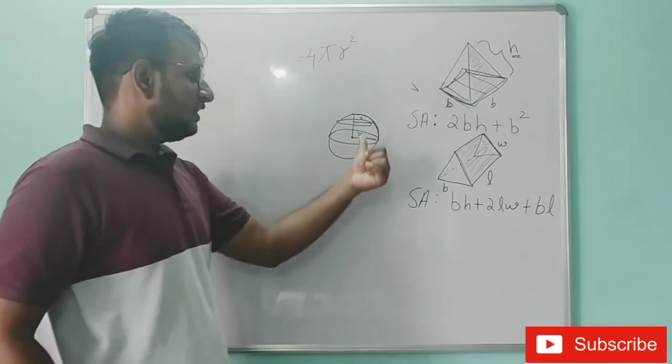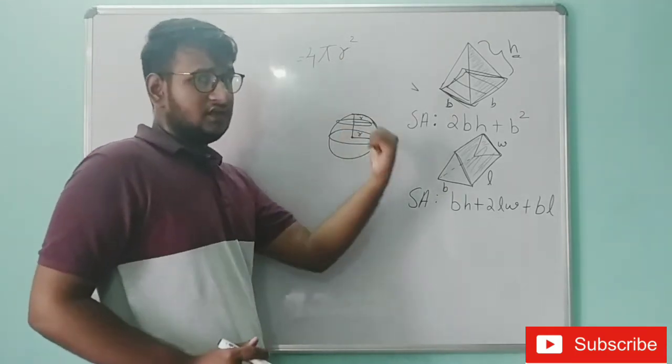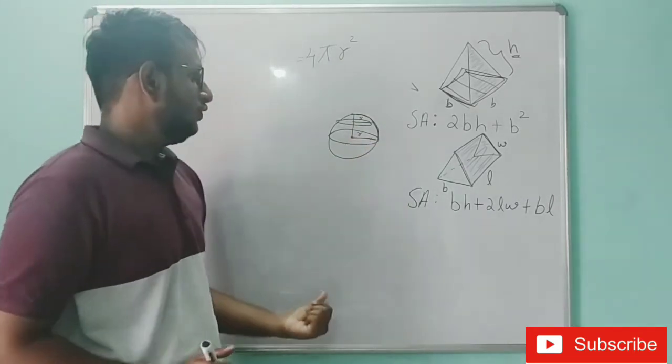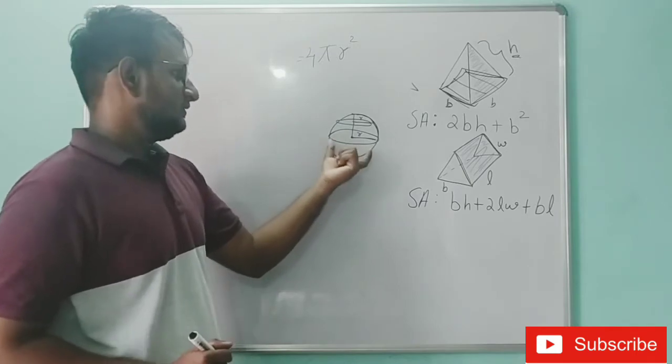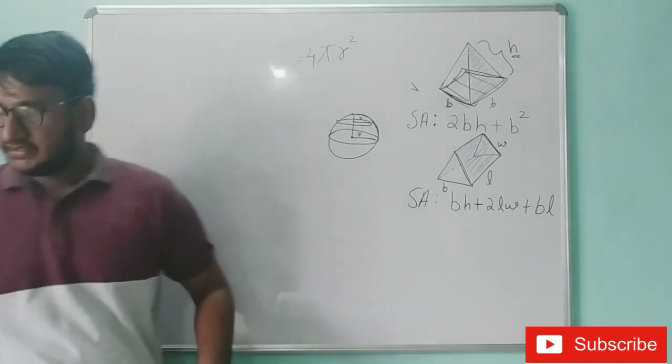So this is the difficulty in finding the surface area of the sphere. So I am taking this as r, and this as r. Now I am going to explain the thing.